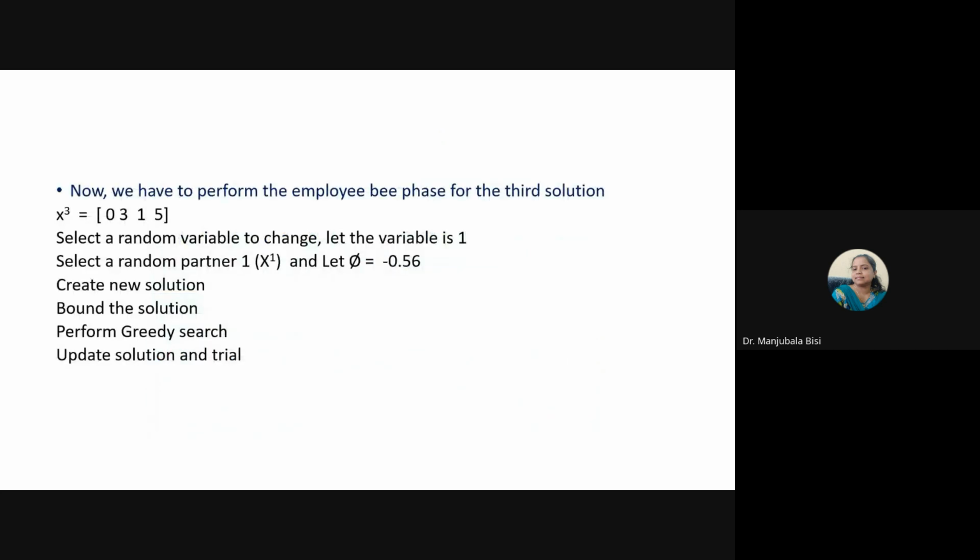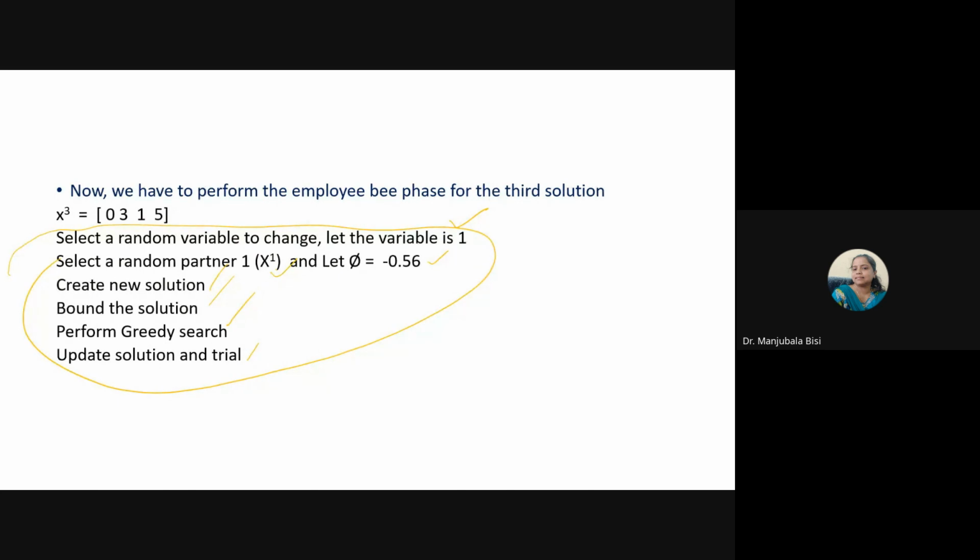Now consider the third one, 0315, with this consideration. First variable you want to change, partner is 1, so 1 is not equal to 3, right? Phi equals minus 5, so here I am changing the phi value in every solution for the employee B phase. You can keep it constant also. Create new solution, bound the solution, do the greedy selection, update the solution and track.